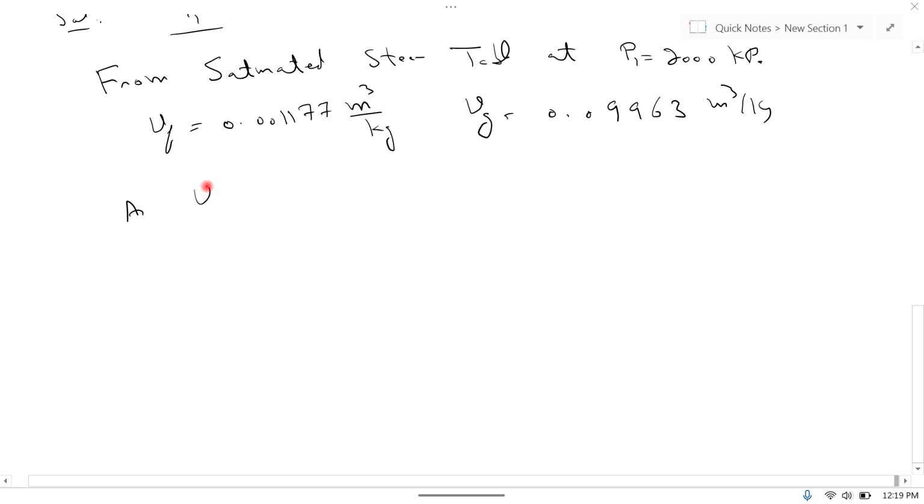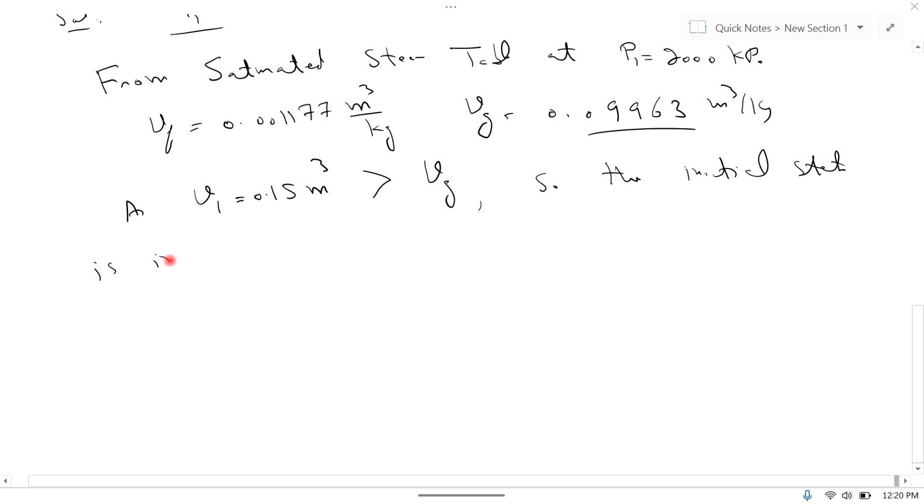So as V1 is equal to 0.15 is greater than Vg, this is 0.099. So the initial state is in superheated region.